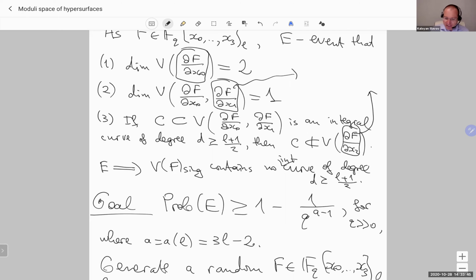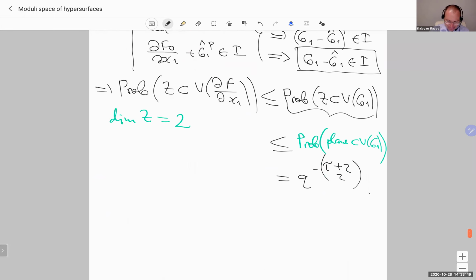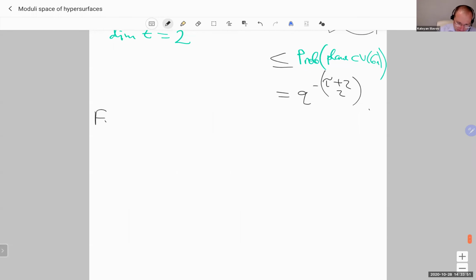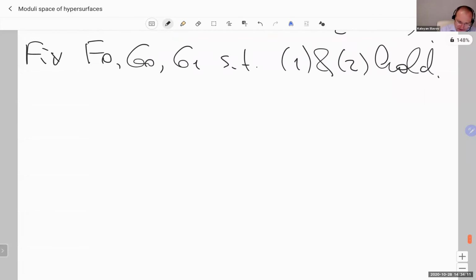Fix F0, I should say first. Fix F0, G0, G1, such that 1 and 2 hold. And then we want to arrange 3 as well.